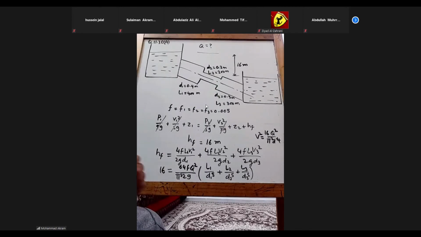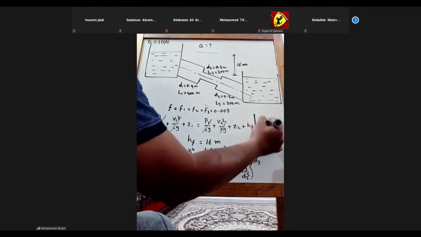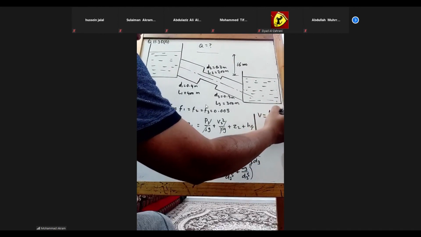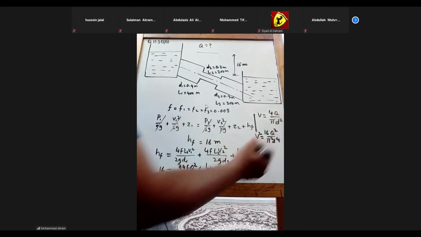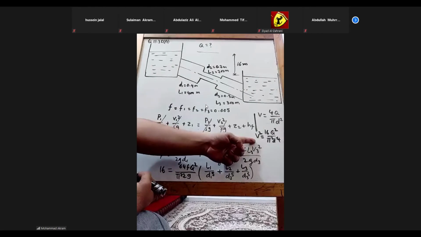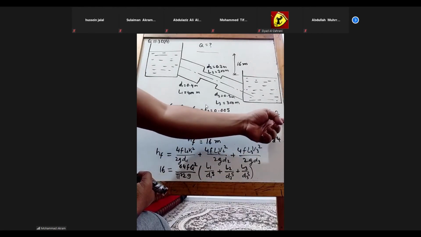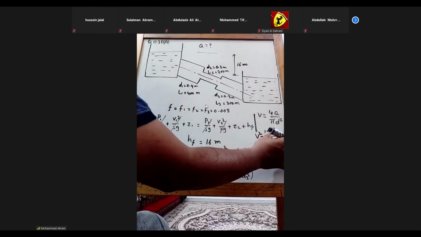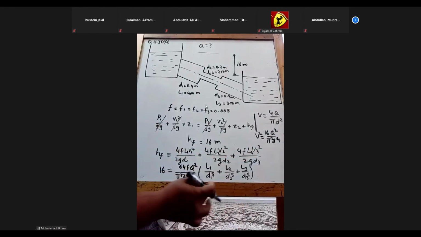Please put the values and try to get it. Remember, V is equal to 4Q divided by pi D square. If I take V square, it becomes 16 Q square divided by pi square D raised to 4. So instead of V1 square, I can write 16 Q square divided by pi square D1 raised to 4.